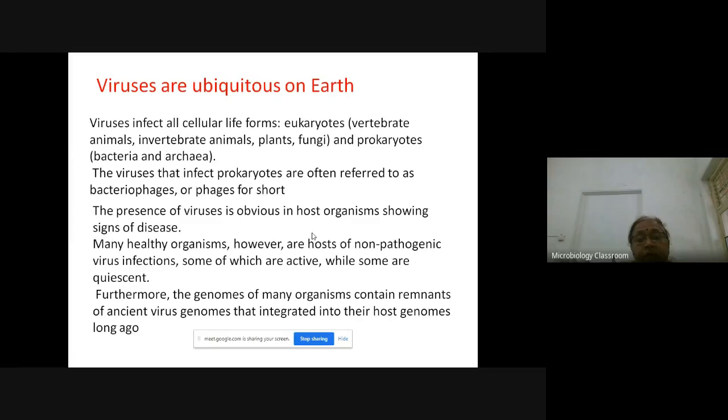And even when they enter inside healthy cells and do not show any signs of infection, it is not necessary that they will reproduce or be in an active phase of growth. It may be that they remain quiescent.